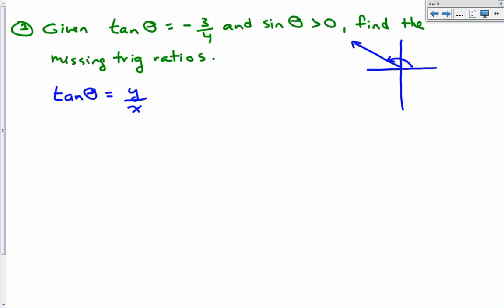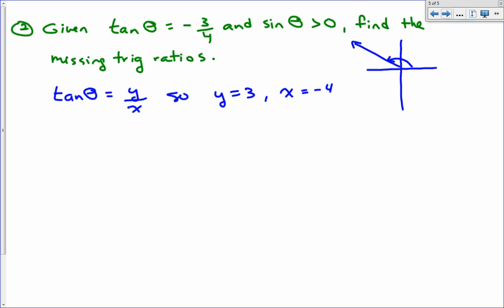So that negative actually has to go with the 4. So we can think of this as y equaling 3 and x being negative 4. Okay, 3 over negative 4 gives us the negative 3/4 for tangent.